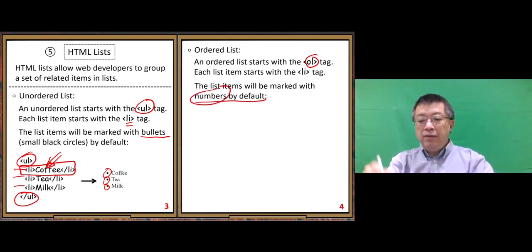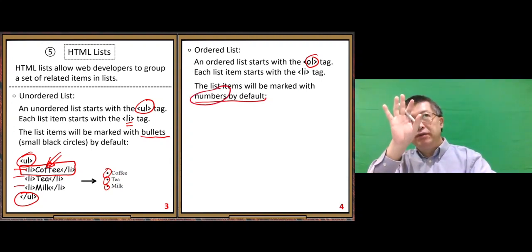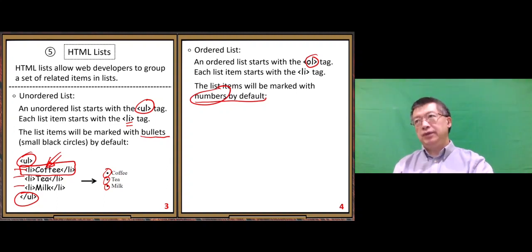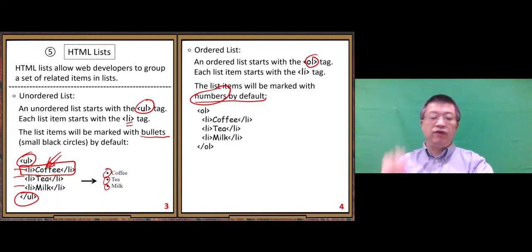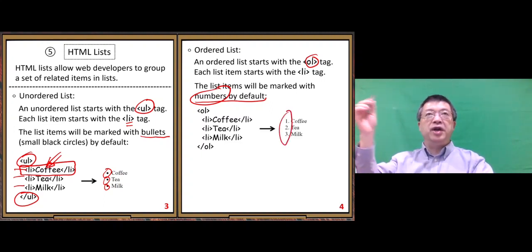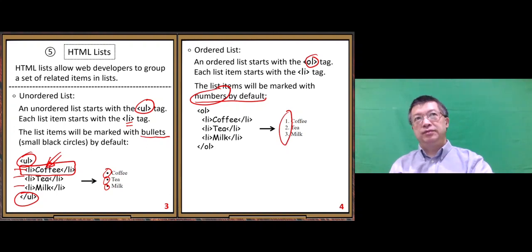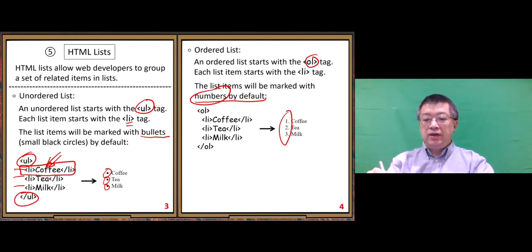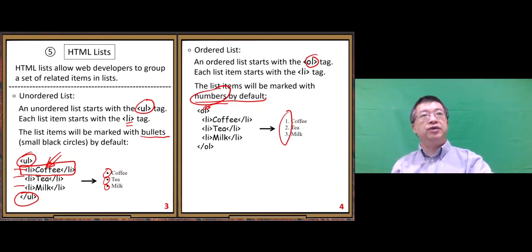But regarding the numbers, there are several different cases. The first one, let's look at the default case. You will see 1, 2, 3 order numbers, and you do not need to specify anything for your ordered list.